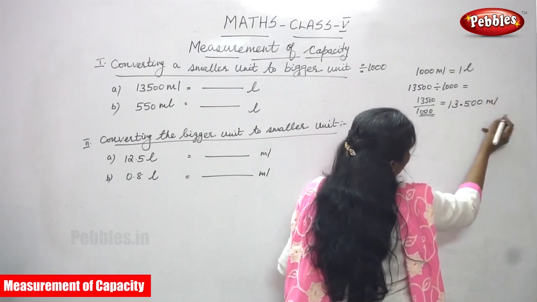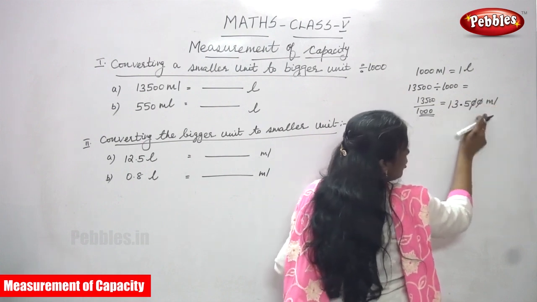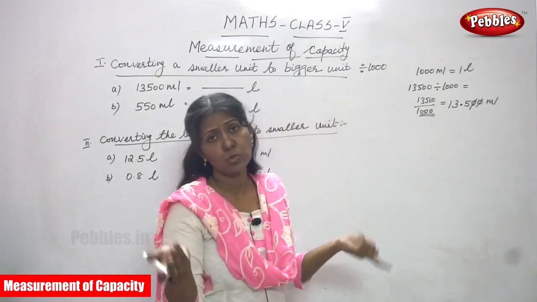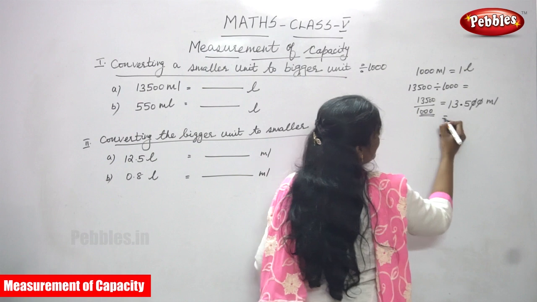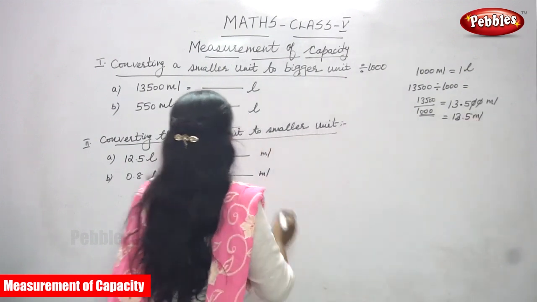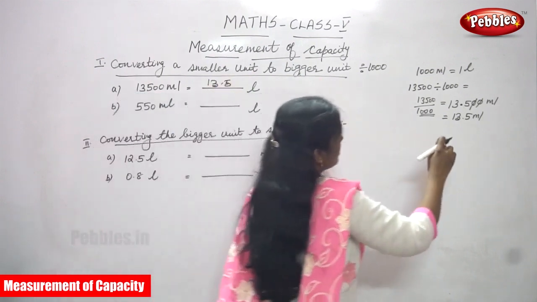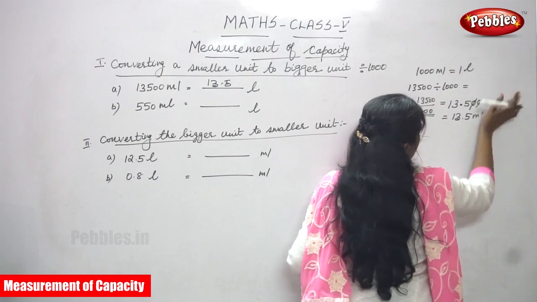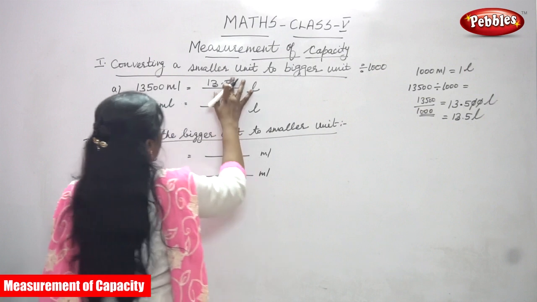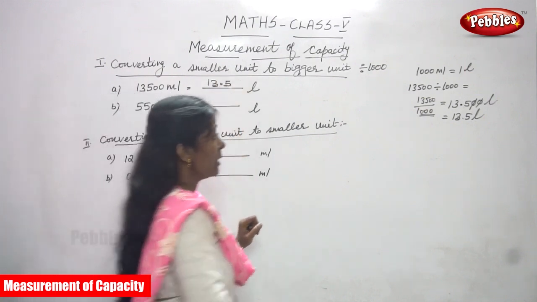After the point, if you have zeros, you just cancel them, because there is no value for them. So 13.5. Sorry, not ml, you are converting into liter. So 13.5 liter. This is the right answer for the question.